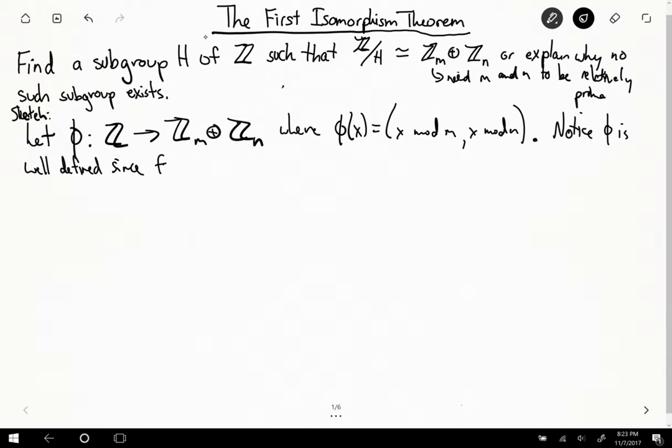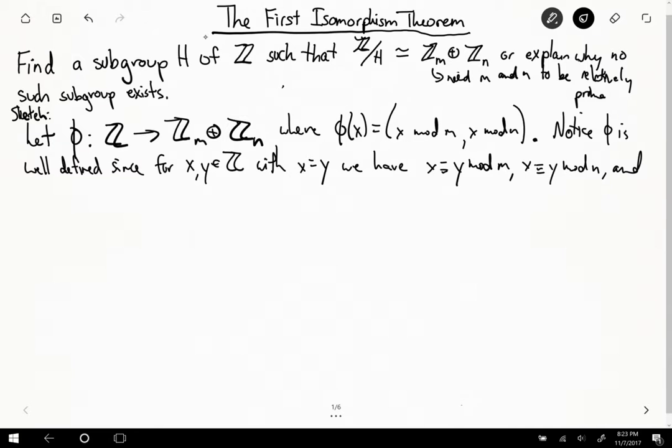Since for x, y in the integers with x equal to y, we have x is congruent to y mod m, and x is congruent to y mod n.